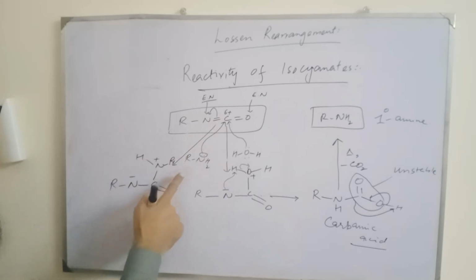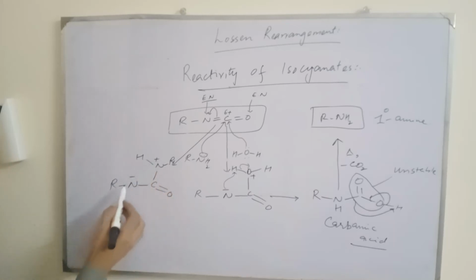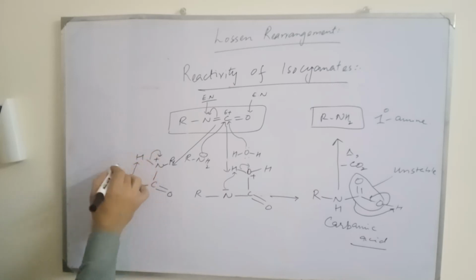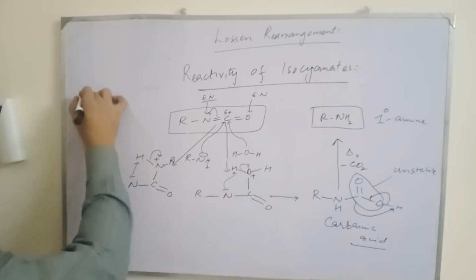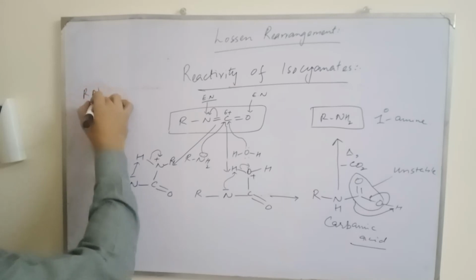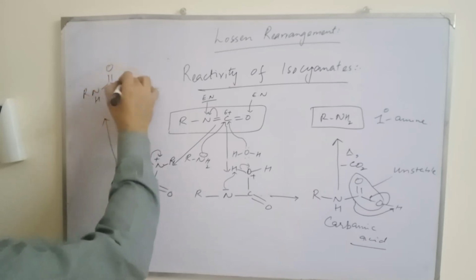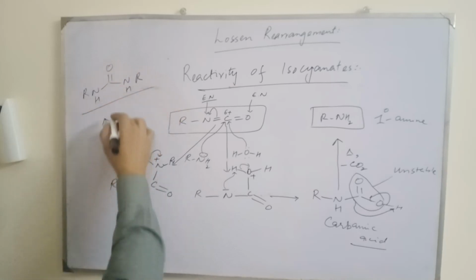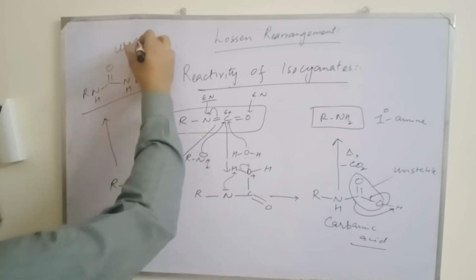Therefore, when an atom in neutral state gives away electron pair, it gets positive charge. So nitrogen has positive charge here, so this proton would be taken by this nitrogen, these electrons would shift here, and as a result we get this one. This is called urea derivative.